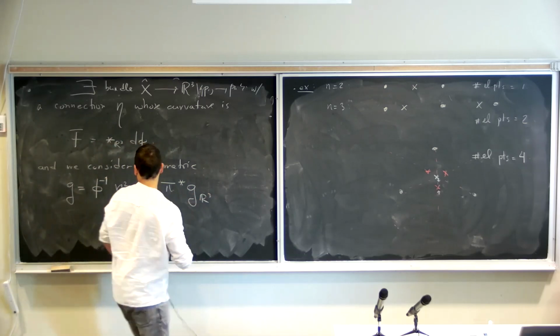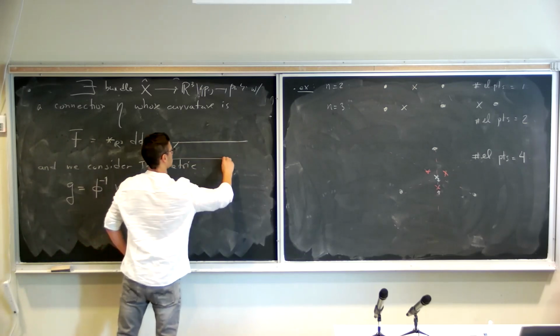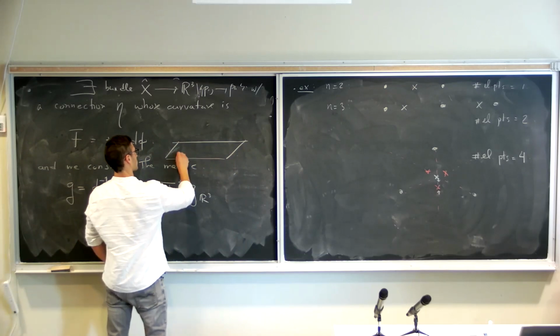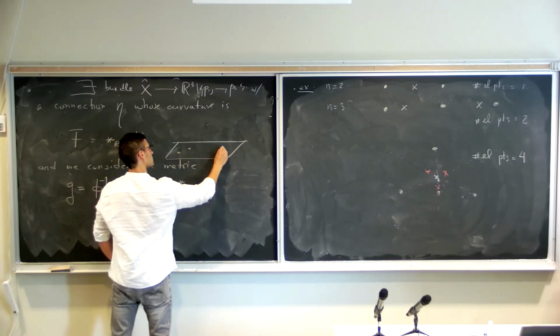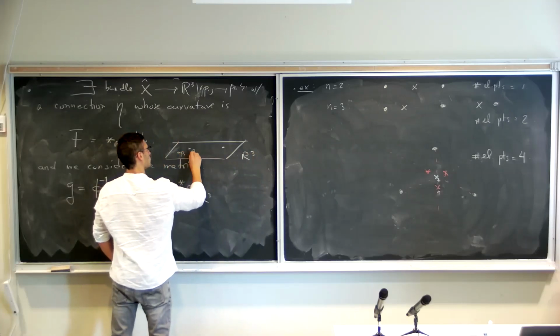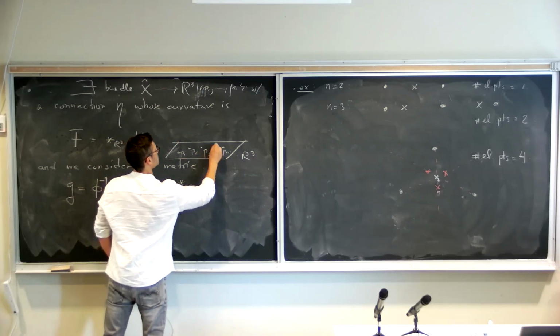Okay, so the picture is we have R3 here, with the points P1, P2, P3, up to Pn.